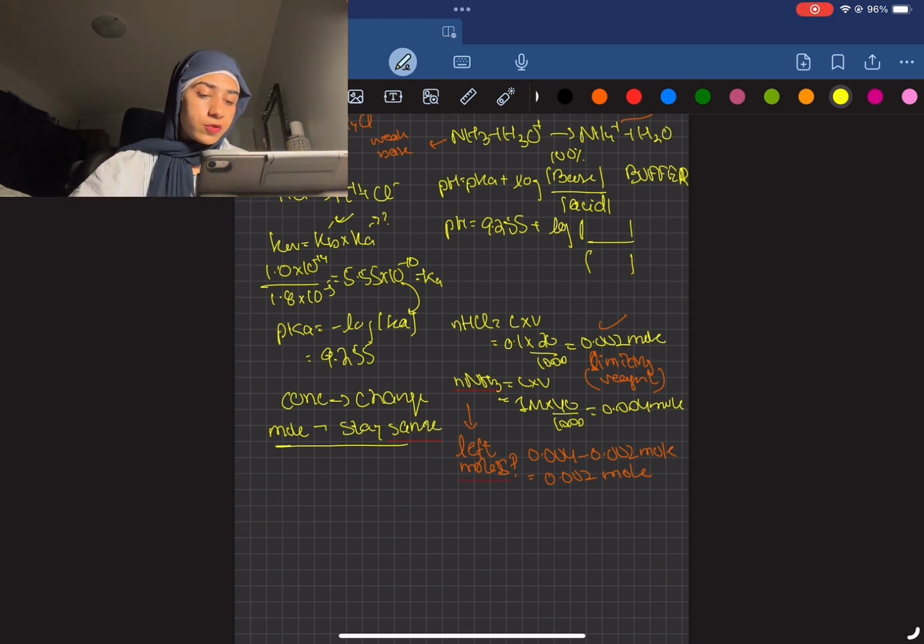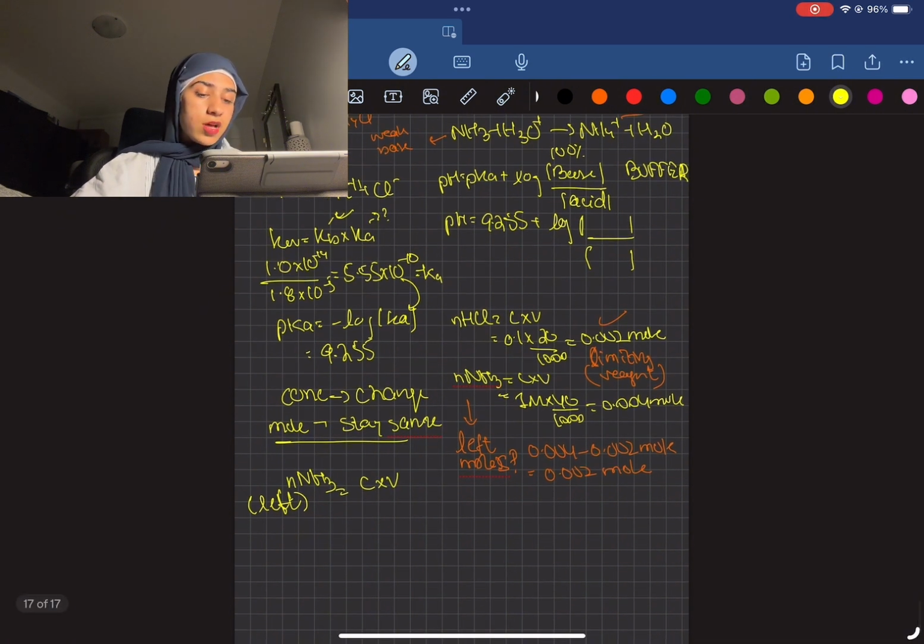So number of moles of NH3, this is the leftover, concentration times volume. So the number of moles that I have are 0.002 divided by 60 divided by 1000, because I need to change it into liters.